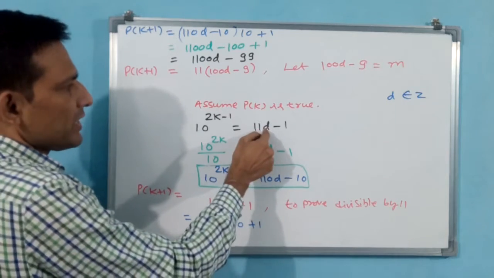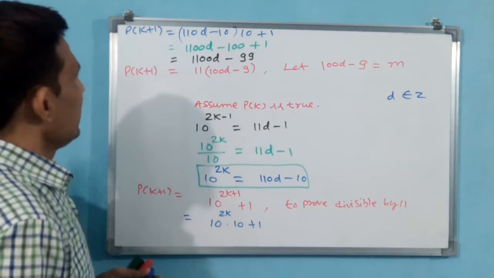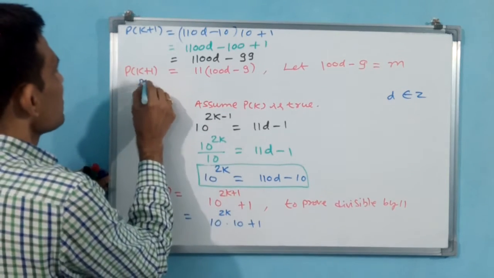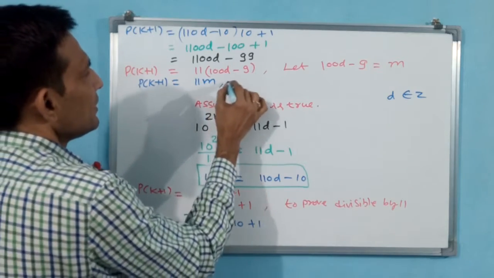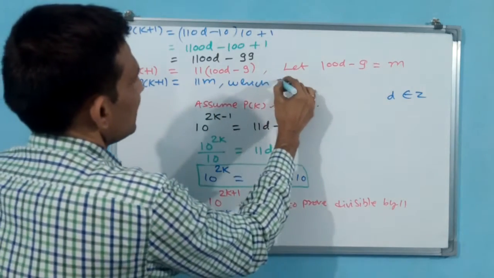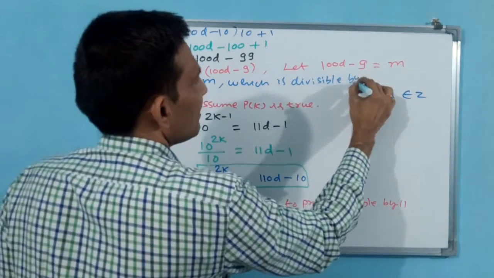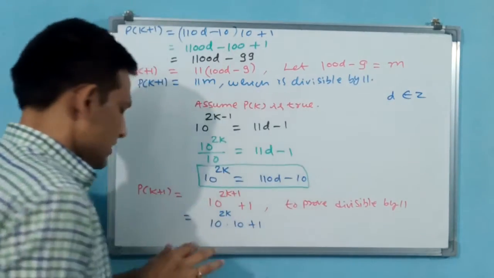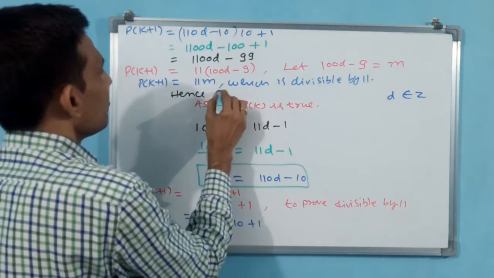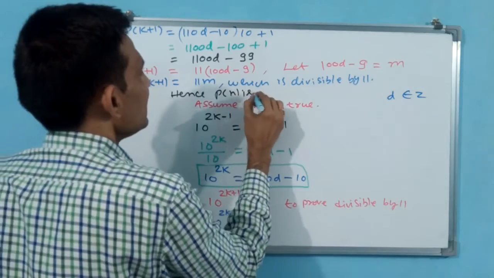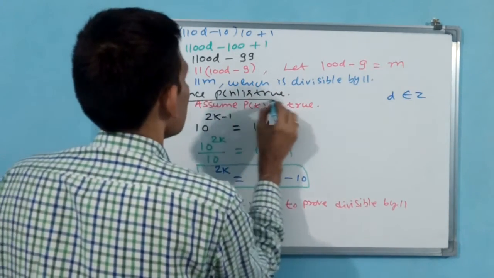Because here d we have taken. These steps are important. Then finally P of k plus 1 is equal to 11m, which is divisible by 11. Finally, hence P of n is true. Like that you have to write and close this question.